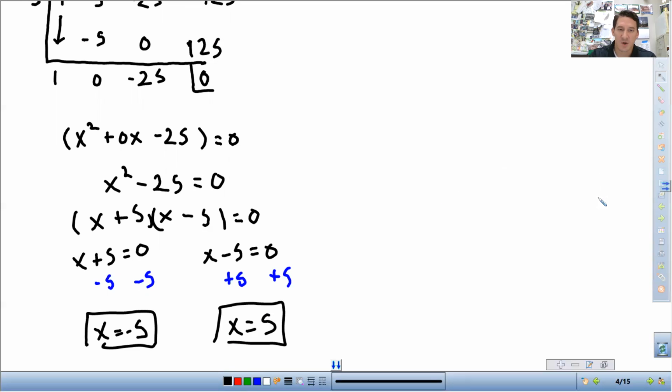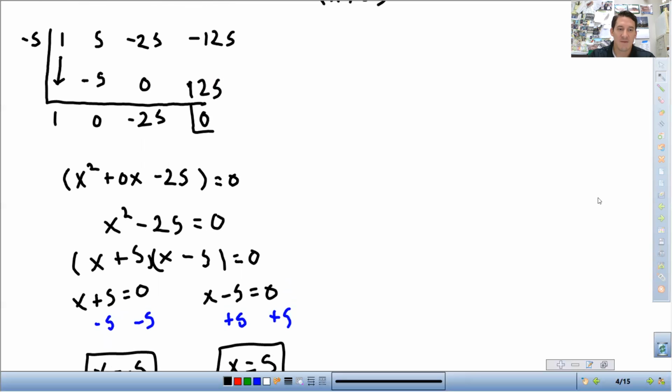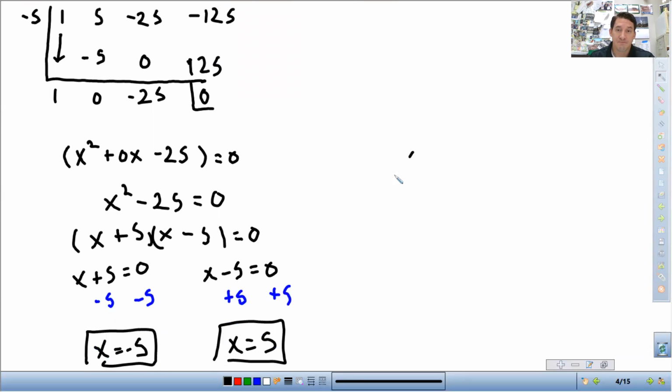I should point out, we have 3 solutions here. We just found -5 and 5, and then the one given to us was -5 up there. So x is equal to -5, -5, 5.